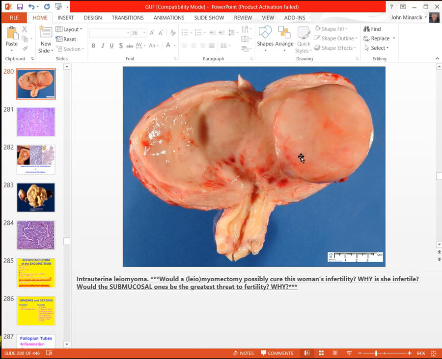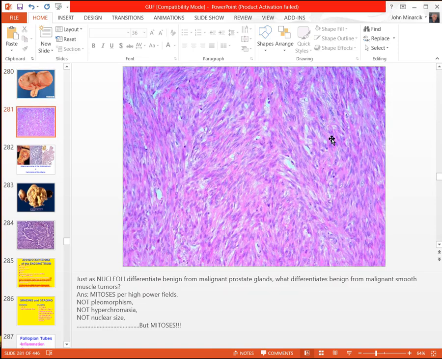And sometimes if a woman has a relatively small single submucosal leiomyoma, that may greatly increase the chances of her having a normal pregnancy rather than having the endometrial cavity completely compressed by a muscle tumor and therefore interfering with implantation.